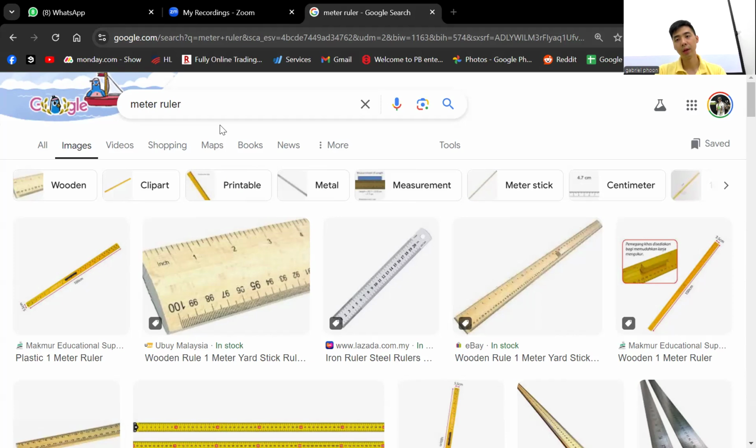Repeat the measurements at least 3 times to get the average. And then you get your 2 marks here.